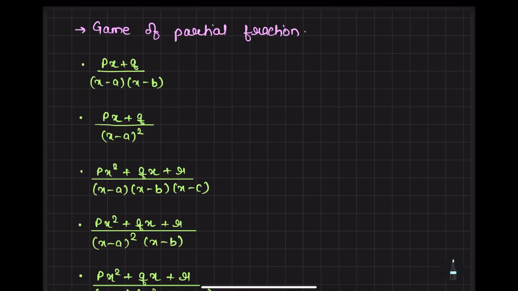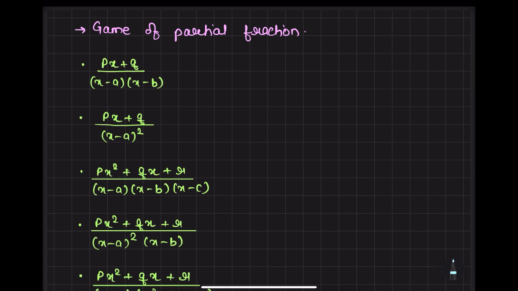Okay, so now we have to understand the game of partial fractions. In this part, you will have a numerator that is linear, quadratic, cubic, biquadratic, 5 degree and so on, and the denominator will be 1 degree greater than that.